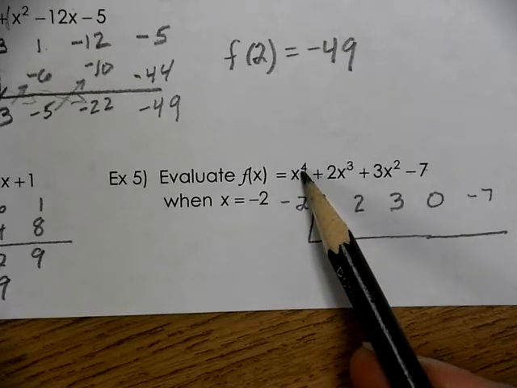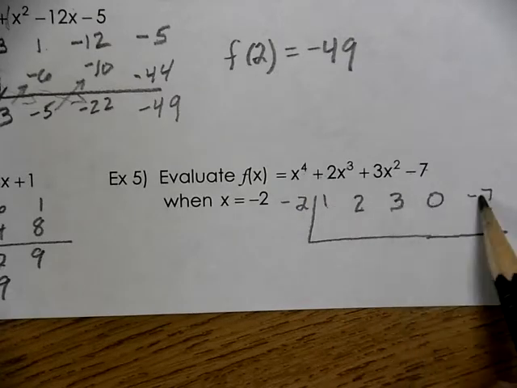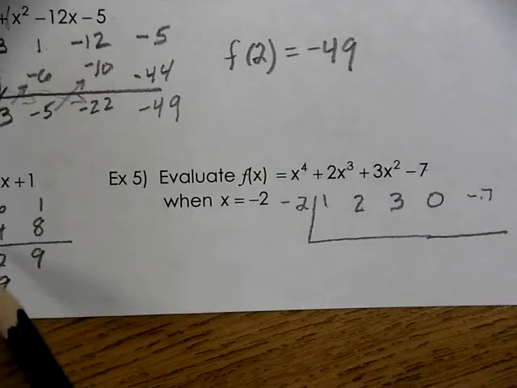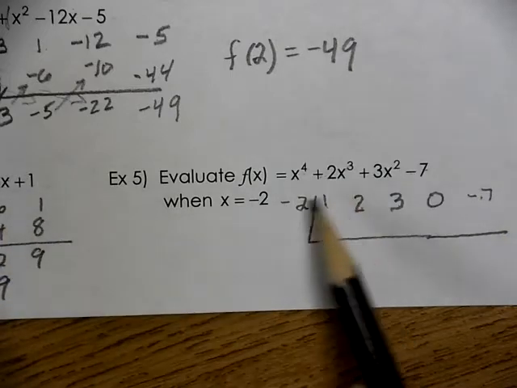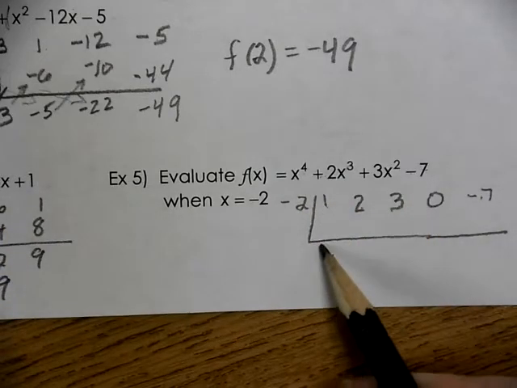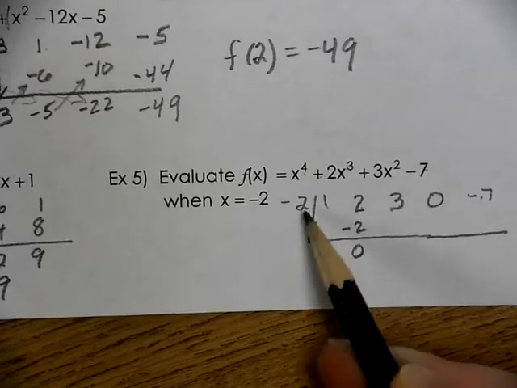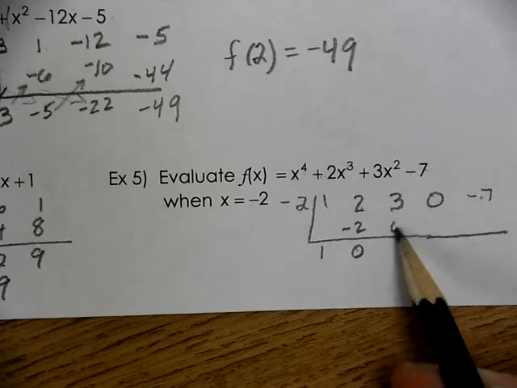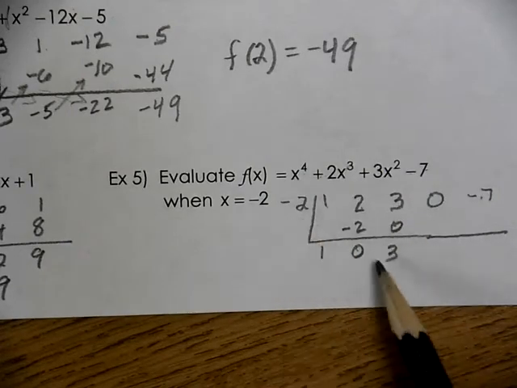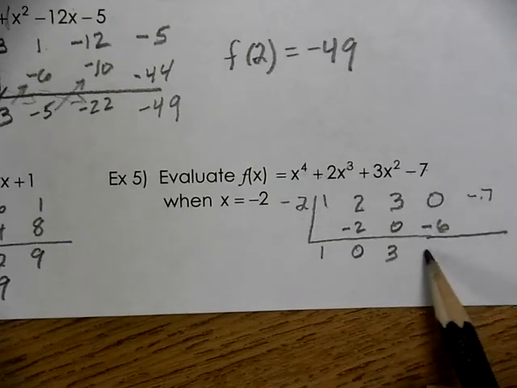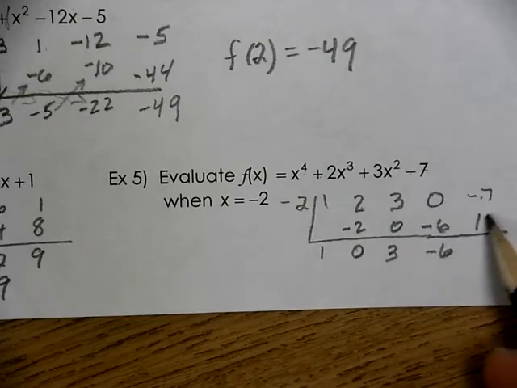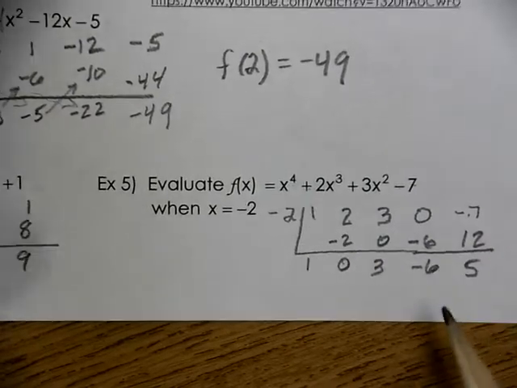So x to the fourth has to have 5 terms, where x to the third has 4 terms. We bring down our 1 and multiply, add them together, multiply, add them together, multiply, add them together, multiply, add them together.